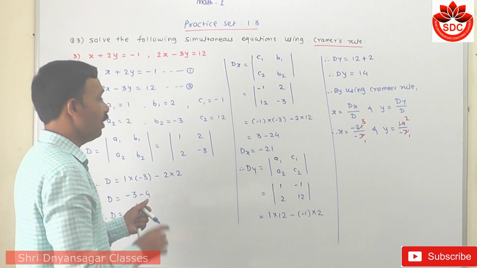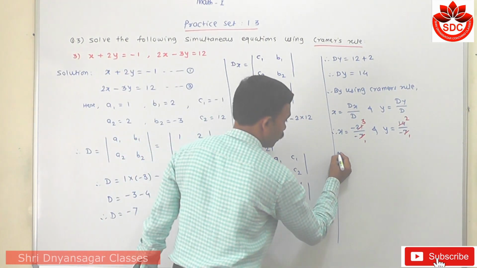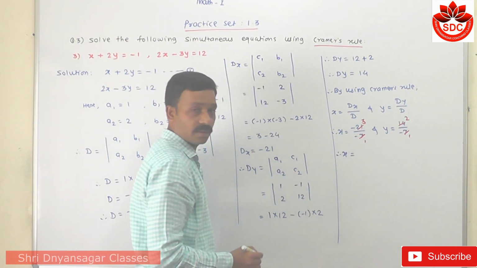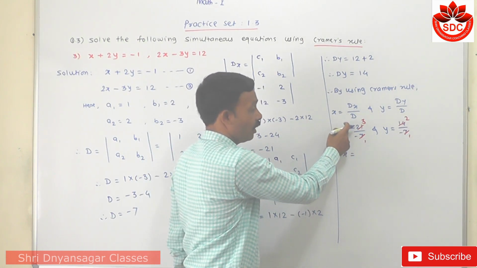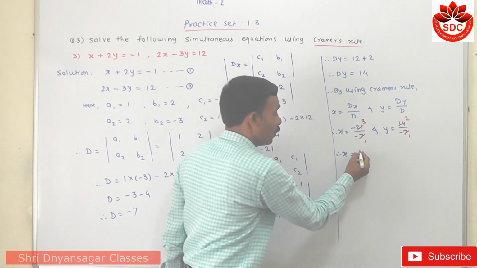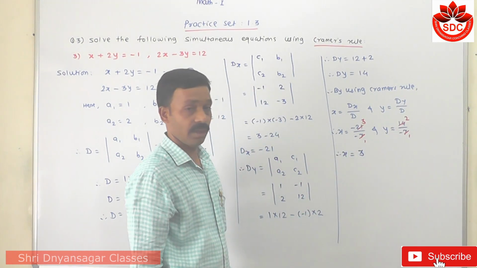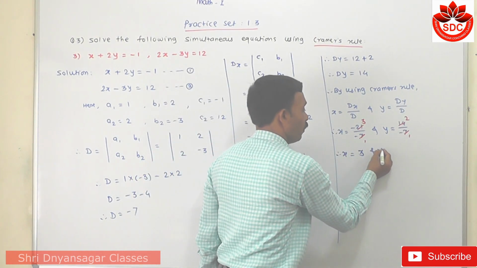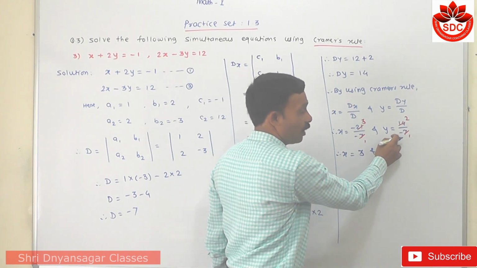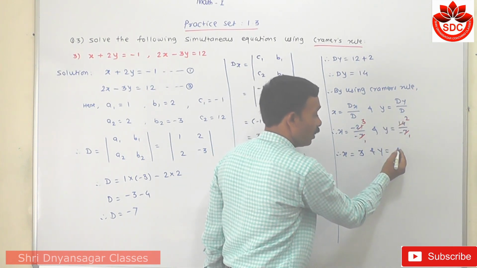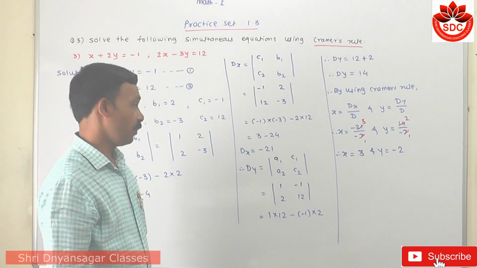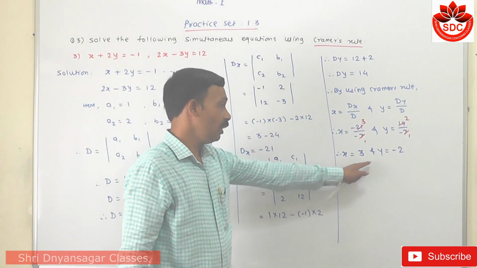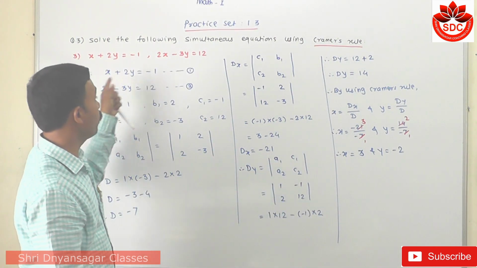That means the value of x is equal to, look carefully for x, the numerator is also minus and the denominator is also minus, so minus minus plus. So I have to write directly plus 3. And the value of y is equal to, here the denominator has minus and numerator is plus, so y is equal to minus 2. Therefore, these values 3 and minus 2 satisfy both equations.